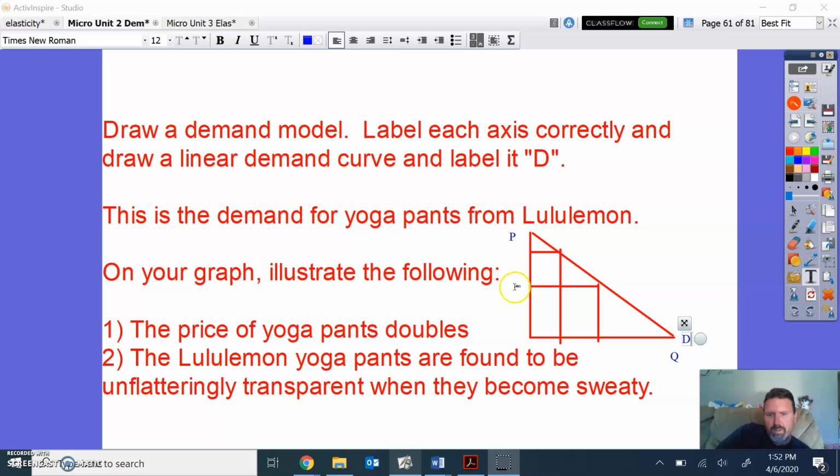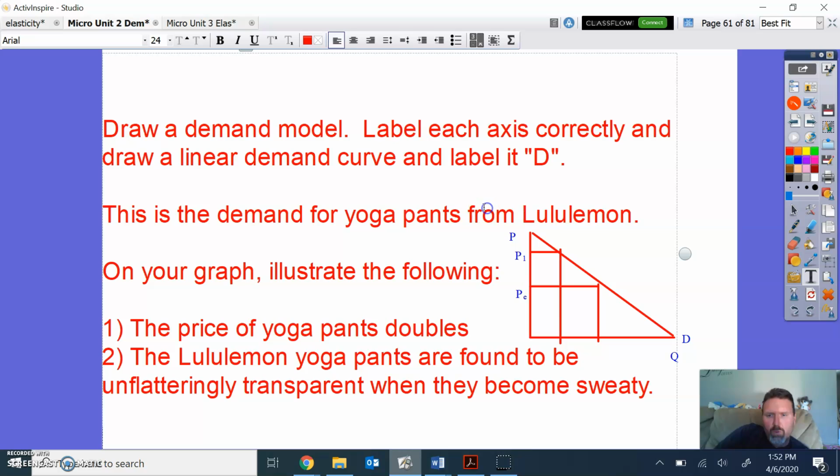All right, here we go. So let's say here's P E, that's equilibrium, and then P1, right? And this had to be Q. Wait a minute. I don't want that here. What size is this font here?